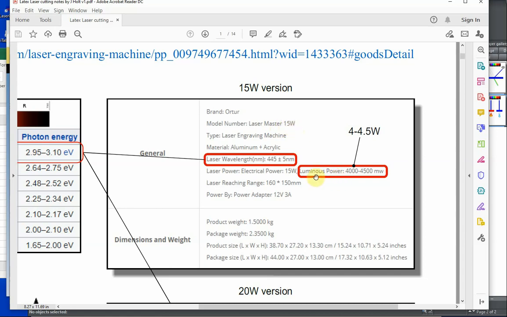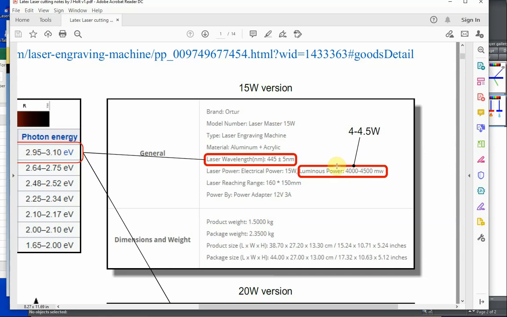Now that's this one here. That's what they've called luminous power. In fact, they're not hiding anything. They say here, electrical power 15 watts, luminous power, and they've quoted it in milliwatts. So 4,000 milliwatts is 4 watts. So it's 4 to 4.5 watts, and this is a 15 watt version.